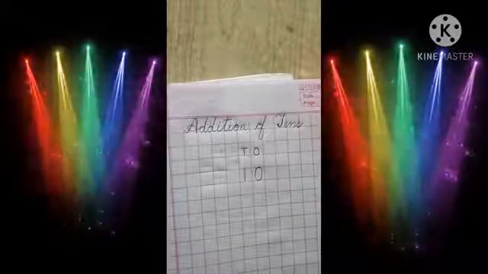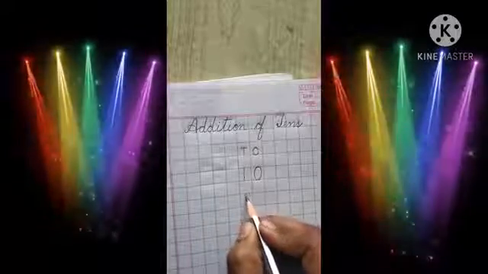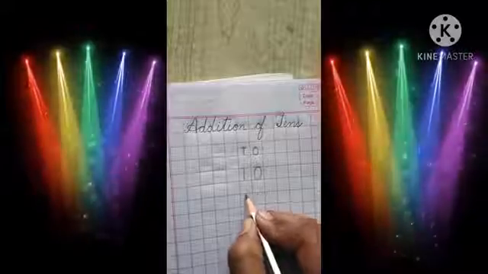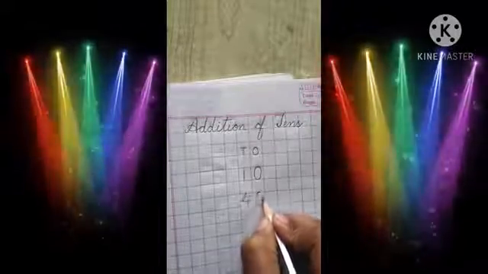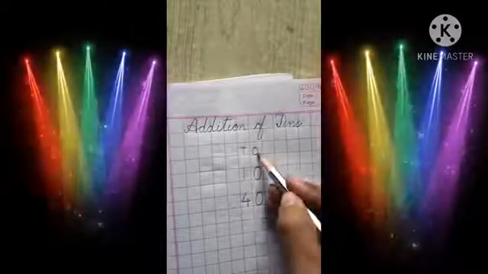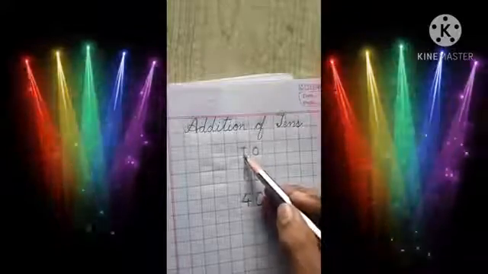Okay, suppose we will take 40. How will all of you write 40? Like this. Okay, in 40, 0 is at ones place, and 4 is at tens place.